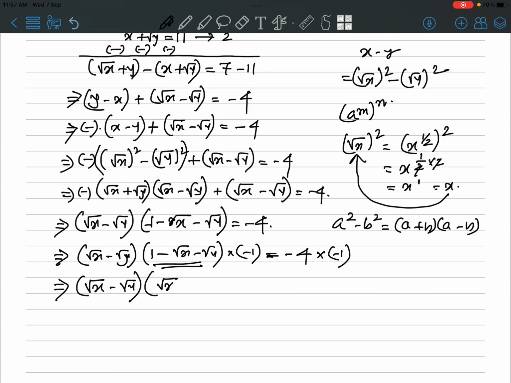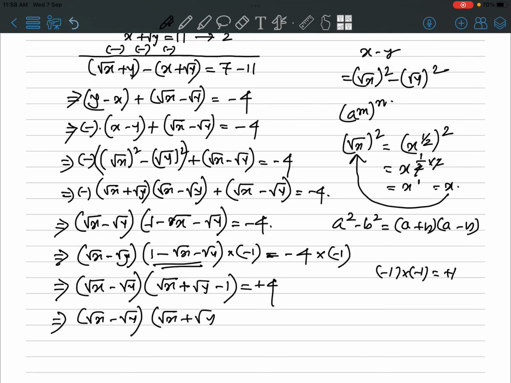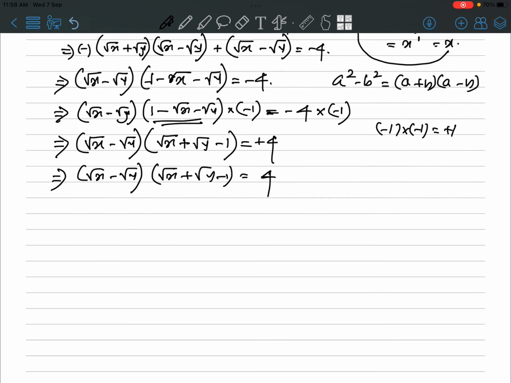What will we get? Root over x plus root over y minus 1. On the right hand side, minus 4 into minus 1 equals plus 4. So root over x minus root over y into root over x plus root over y minus 1 equals 4. Now what are we getting?